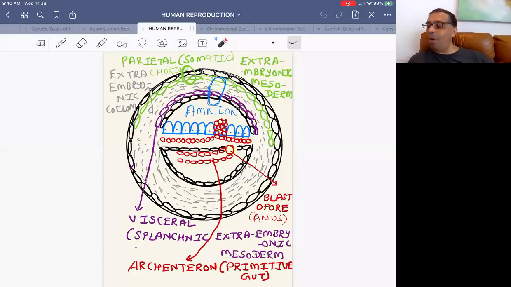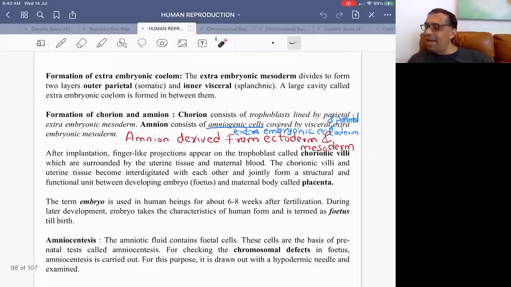And amnion derived from the extra embryonic mesoderm, that is the visceral and parietal layers, and amniogenic cells. तो amniogenic cells से बनता है. By the way, amniogenic cells are called as extra embryonic ectoderm.